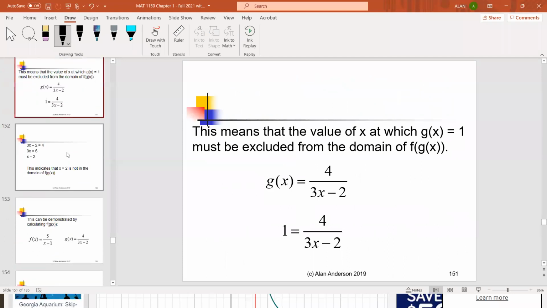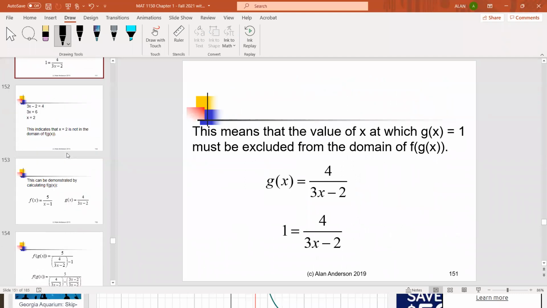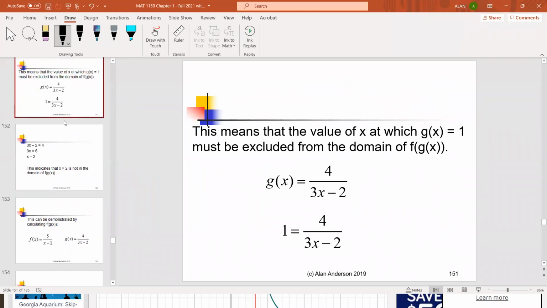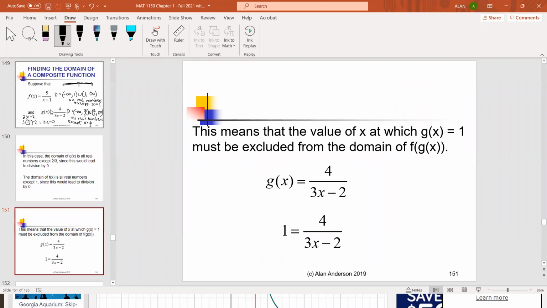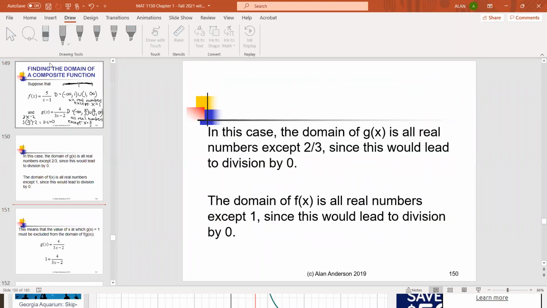Well, let's see what's going to happen. All right, so first of all, let's figure out the value of f of g of x.